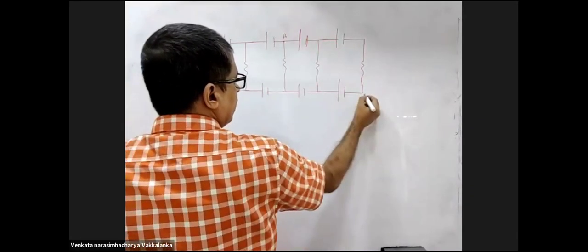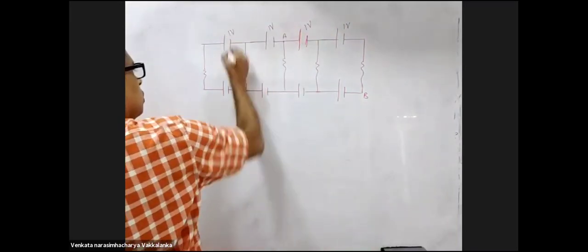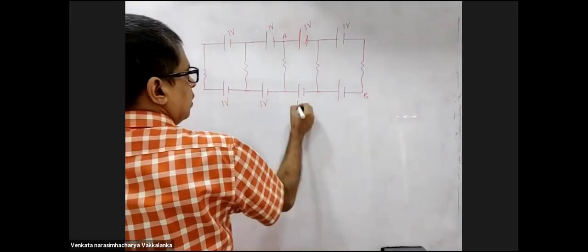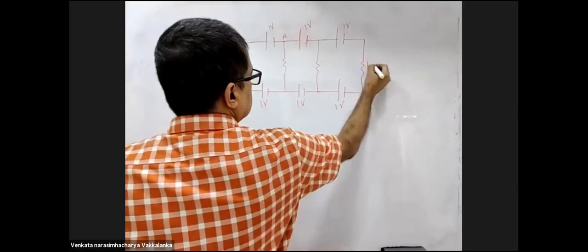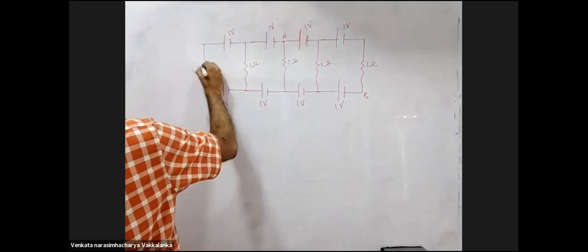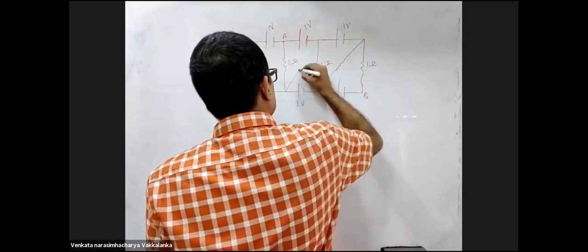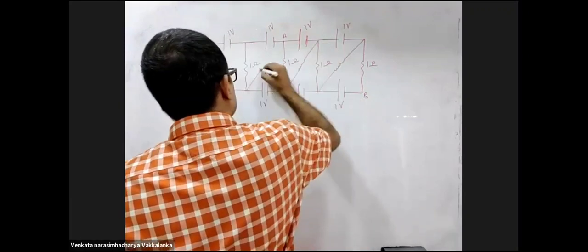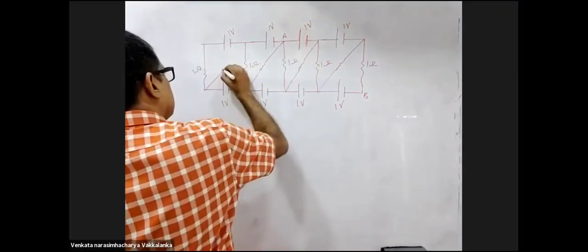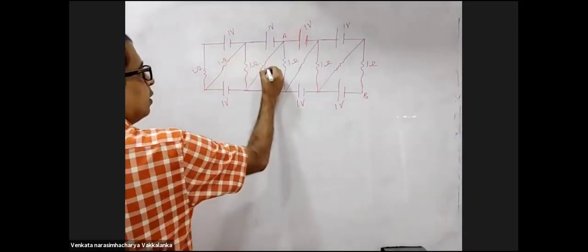You want A and B. This is 1 volt, 1 volt, 1 volt, 1 volt. This is 1 ohm, 1 ohm, 1 ohm, 1 ohm.